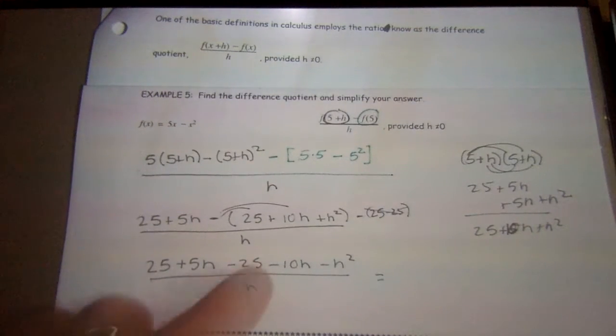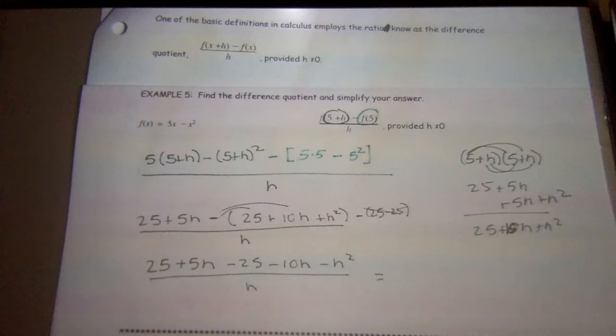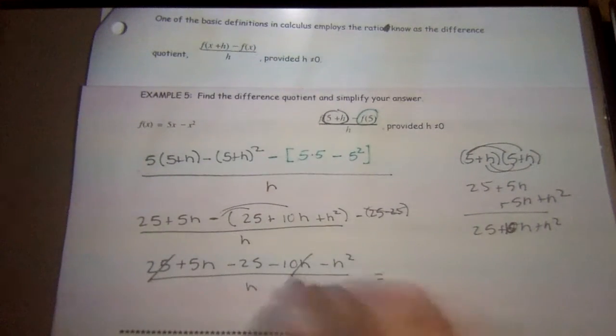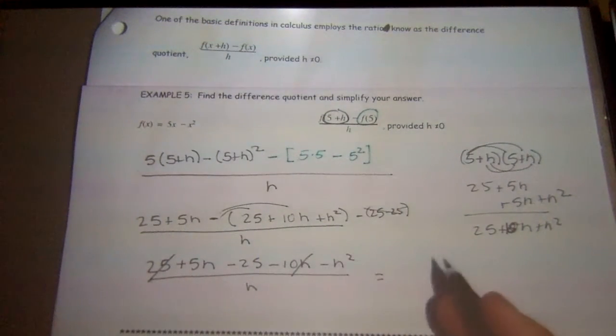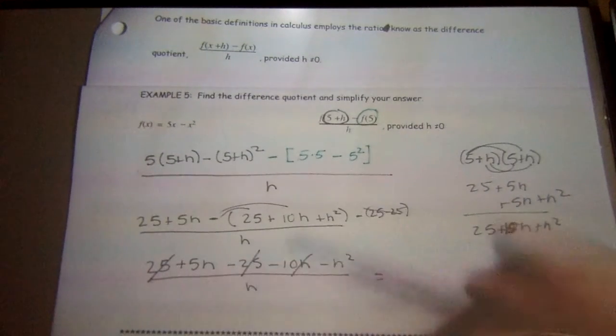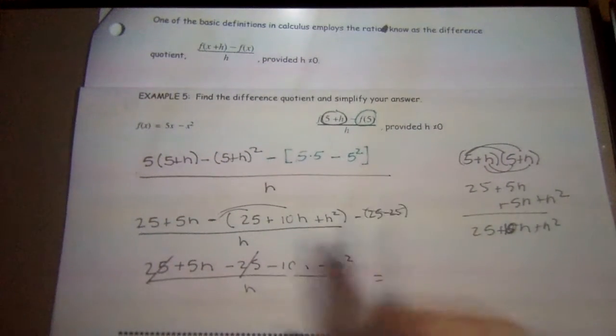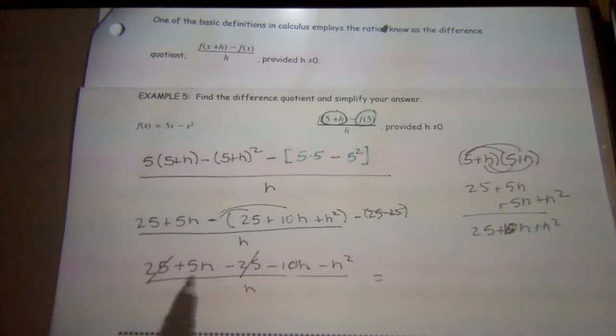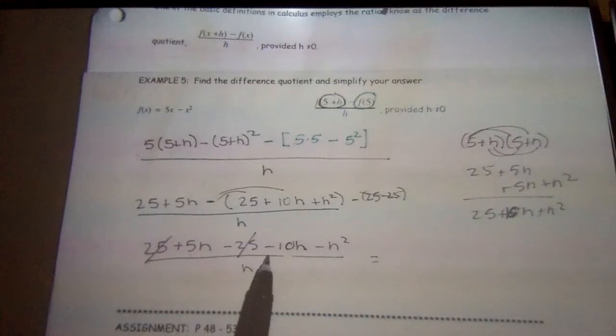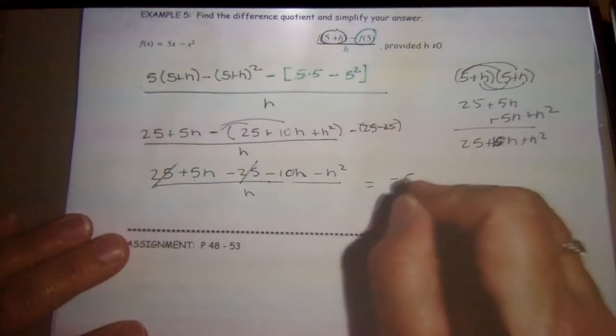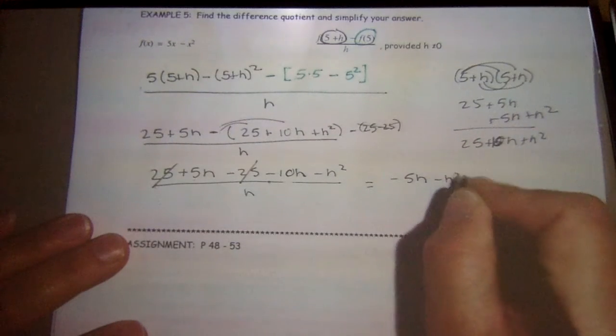What happens to those two 25s? They cancel out. Oh, I canceled the wrong thing. So 5h minus 10h, negative 5h, minus h squared over h.